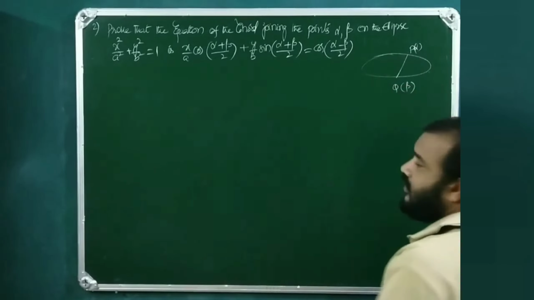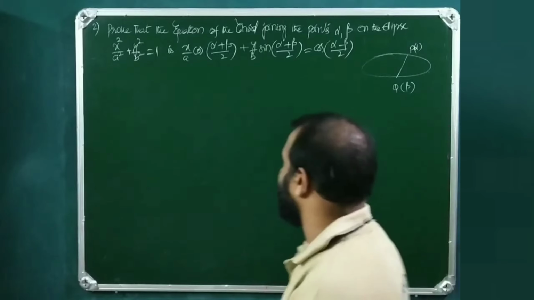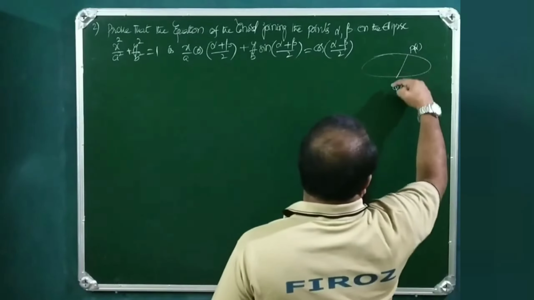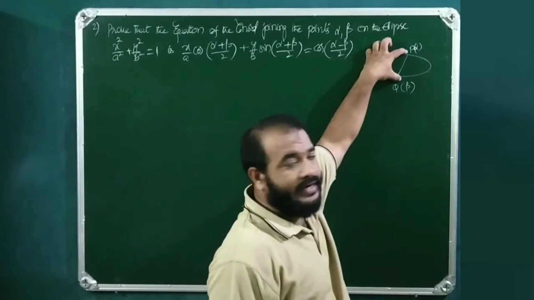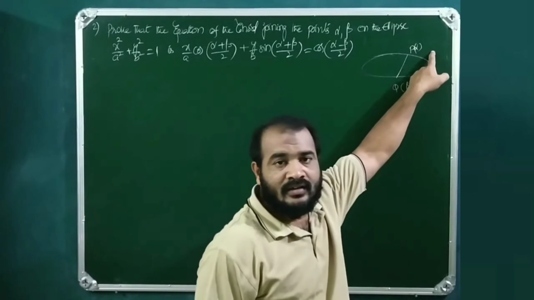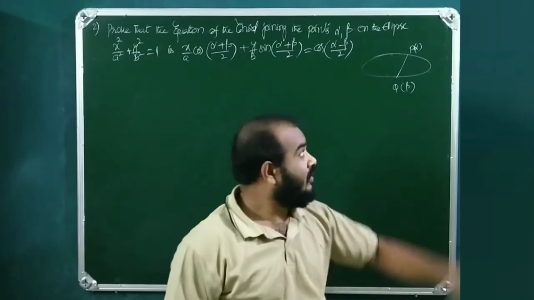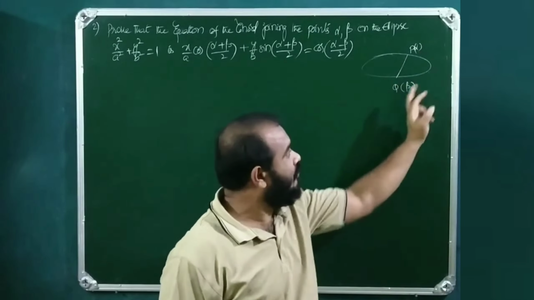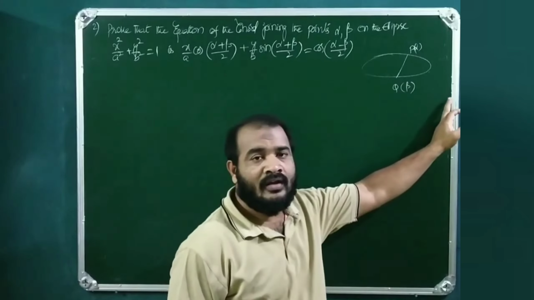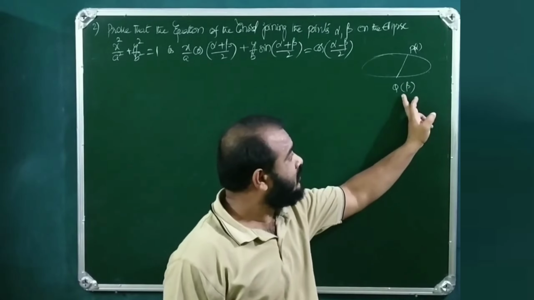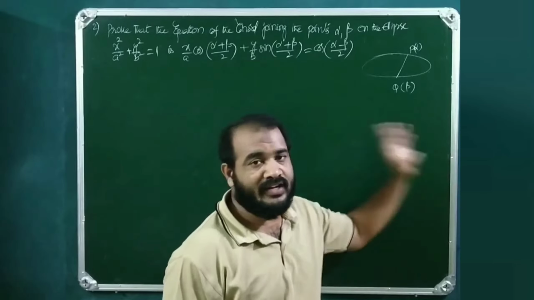Let us take the parametric points on the ellipse. So this is the chord joining the 2 points. P alpha is, what is the parametric point of the ellipse? A cos theta, B sin theta. Therefore here A cos alpha, B sin alpha, A cos beta, B sin beta we will take.